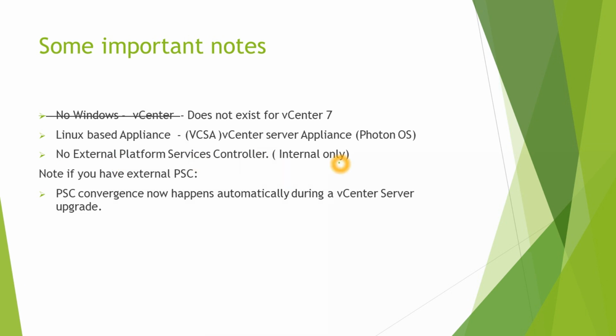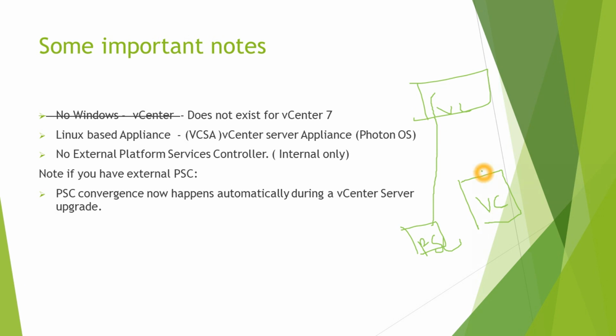So if you do have a setup running where you have a PSC which is separate, PSC and vCenter here, when you migrate to the new version of vCenter 7, this is going to be automatically migrated. It's called PSC convergence, and it now happens automatically during the vCenter server upgrade.